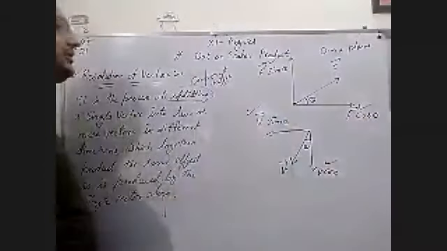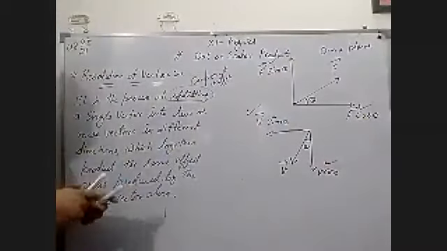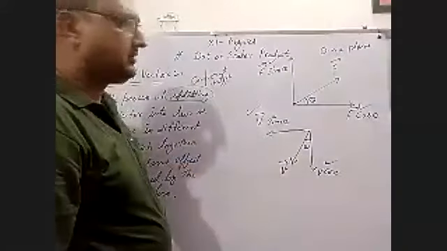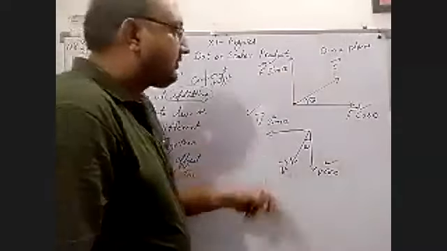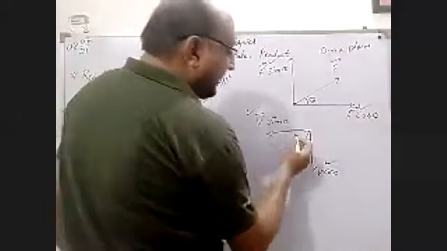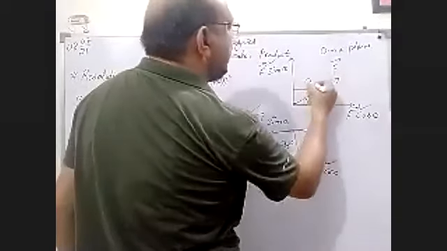In this way you have to take these two components, one from this diagram and another from this. Anywhere you can take this. And what is the benefit of these component rules? You know these are two vectors and the angle between them is always 90 degrees.